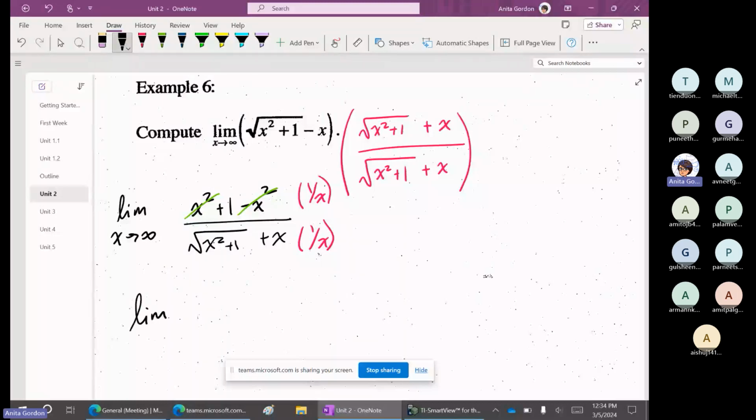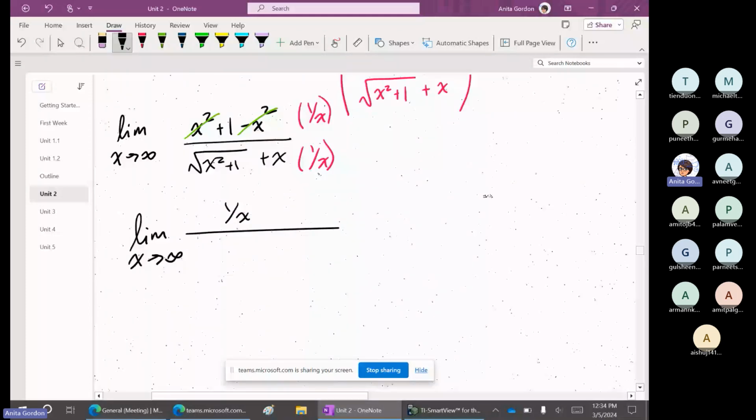And I have x going off to infinity. At the top, I'm going to get 1 over x. And at the bottom, we're going to put this into the root. So I'm going to get 1 plus 1 over x squared, plus 1. This will go to 0. This will go to 0.